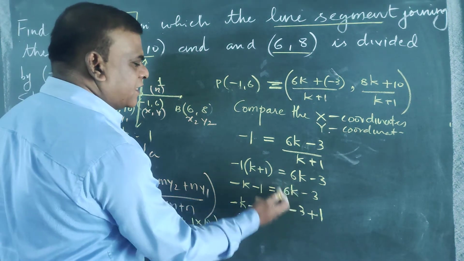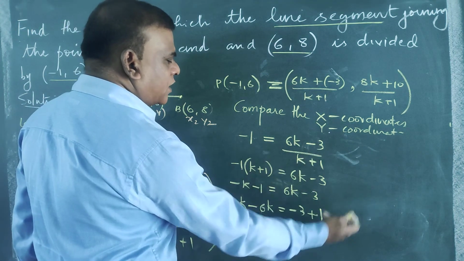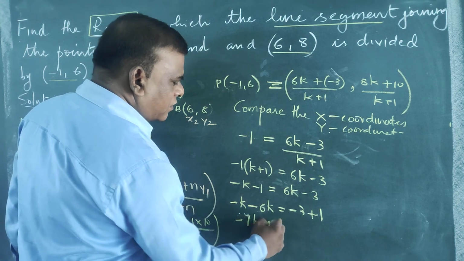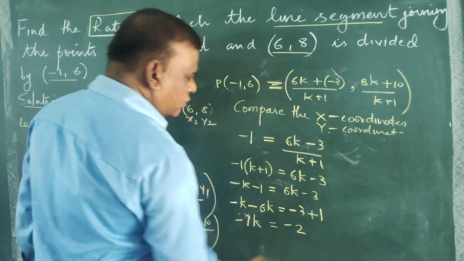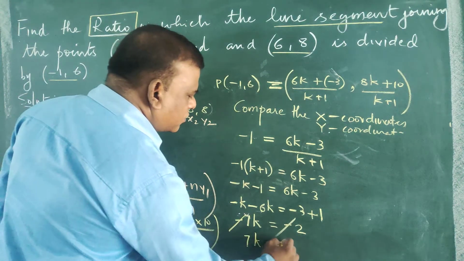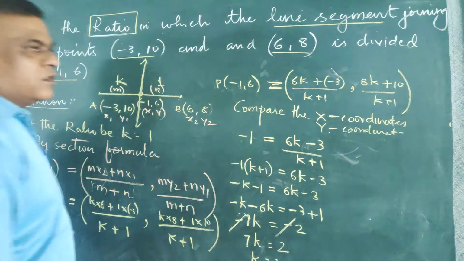That becomes minus 7k is equal to minus 2. So minus signs cancel, 7k is equal to 2. That means k is equal to 2 by 7.